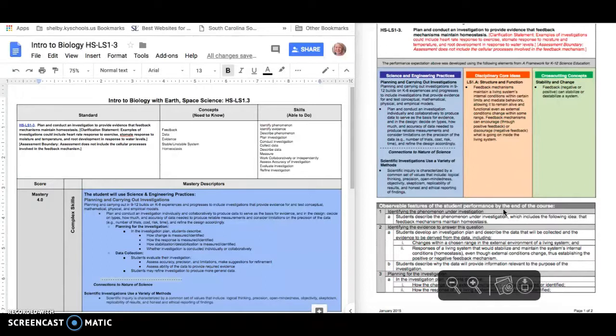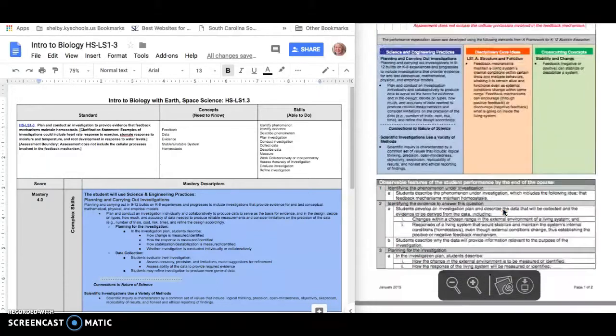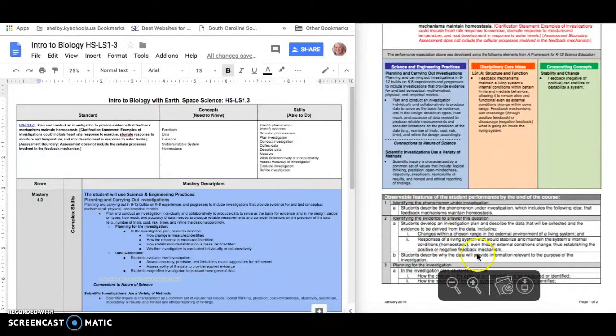I have to print out the standard in hard copy, and then mark it up and actually write over here where I think it goes. I might copy and paste, but honestly it takes probably less time for me to type it in over here. So I just have to think that way.